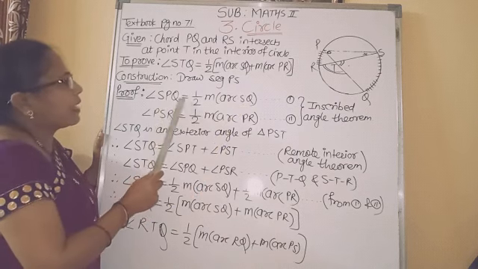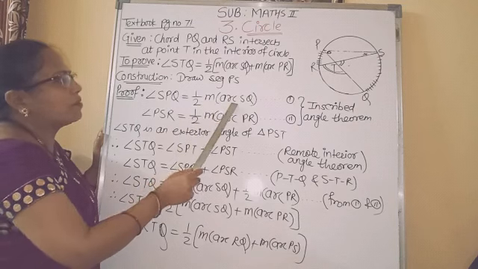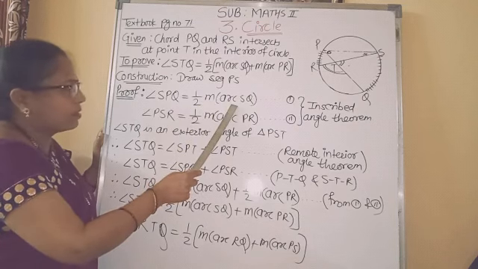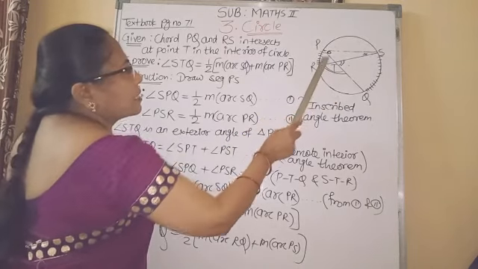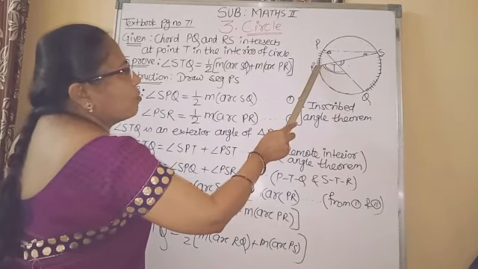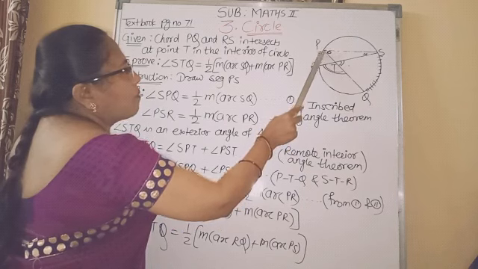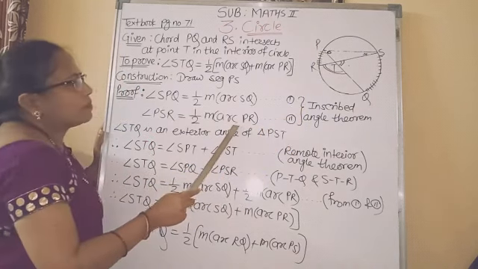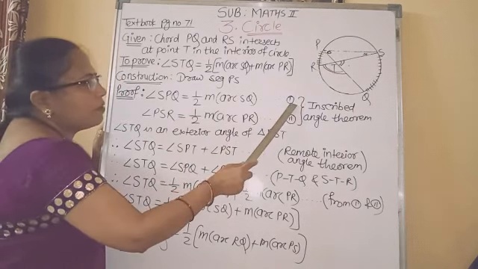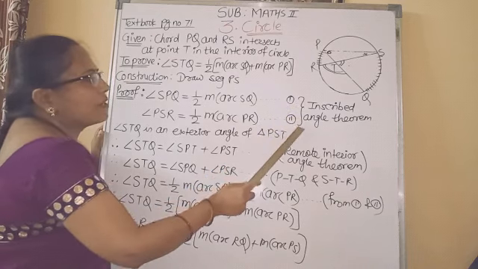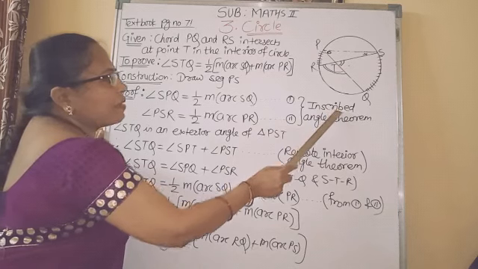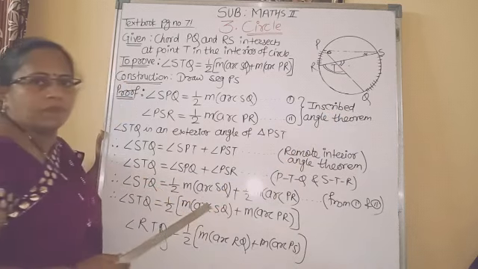Measure of inscribed angle is half of measure of intercepted arc. Second, angle PSR is equal to half of arc PR. Statement number 1, statement number 2. For both these we can write the reason: inscribed angle theorem.